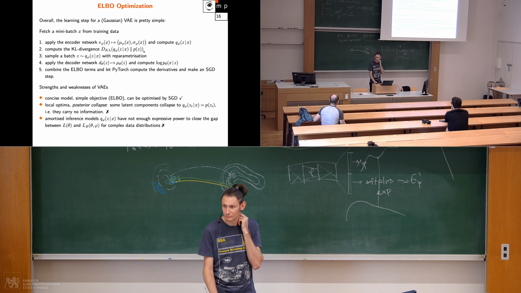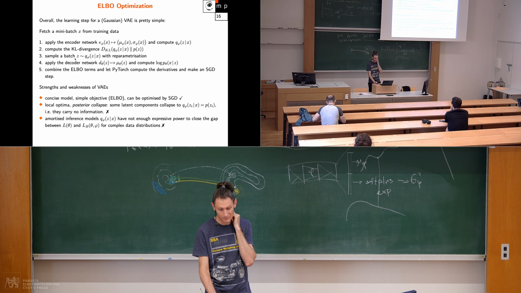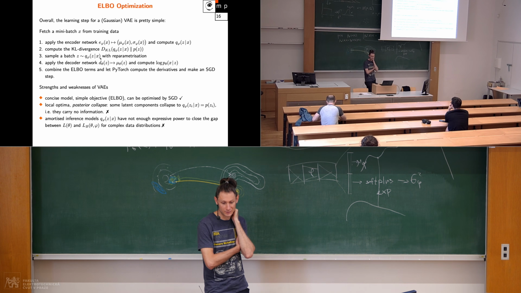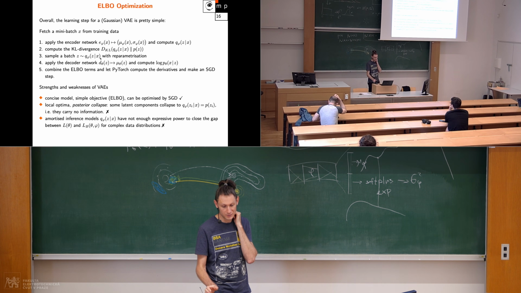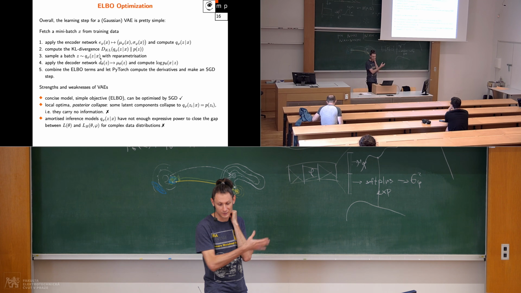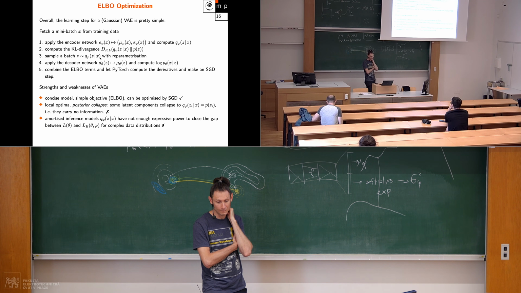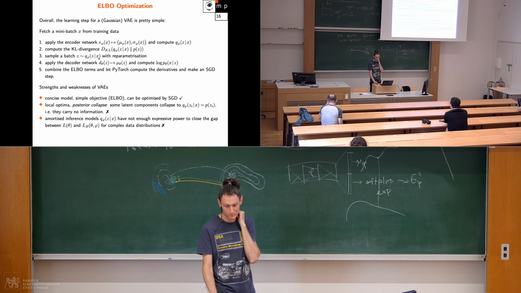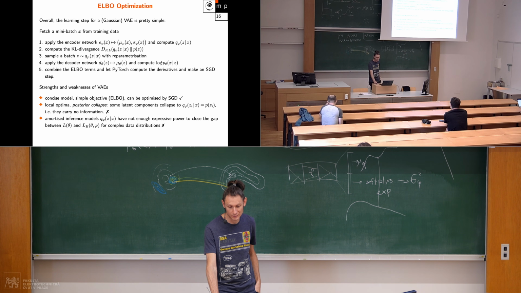It was closed form, yes. Then we sample latents from the encoder, using this reparameterization trick that we discussed, such that in effect this sample can be differentiated through. And then we apply the decoder network on these random latent codes and compute the log evidence.